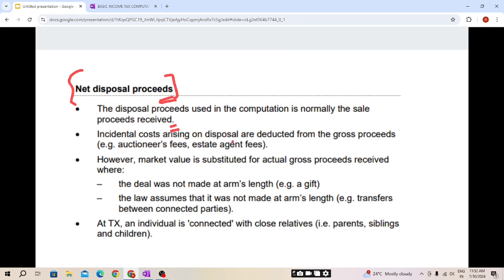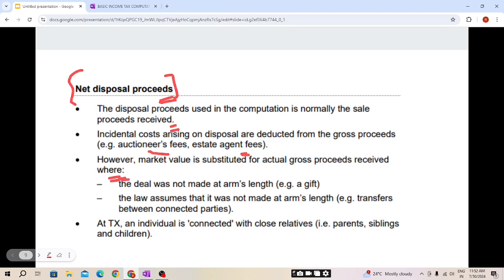Incidental costs arising on the disposal are deducted from the gross proceeds, like the auctioneer fees, estate agent fees. Like if we are paying an agent the fees to sell the asset, this will be deducted. However, market value is substituted for the actual gross proceeds received. So students, the market value is substituted for actual gross proceeds received.